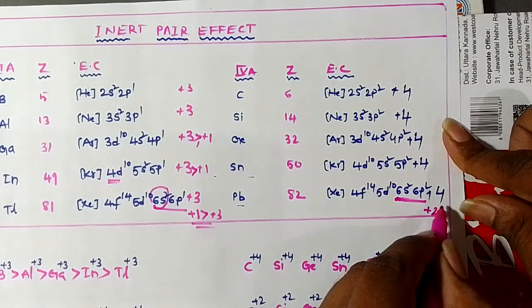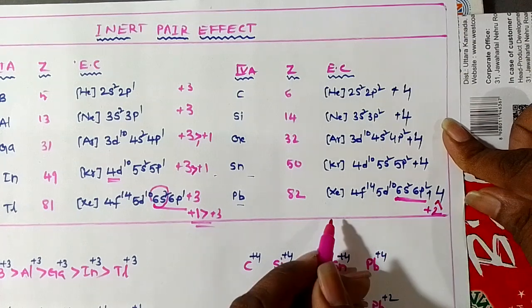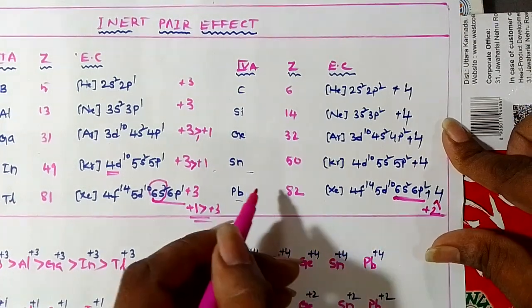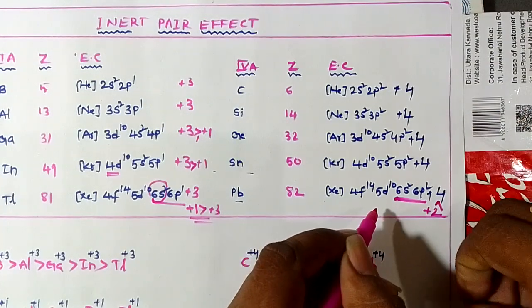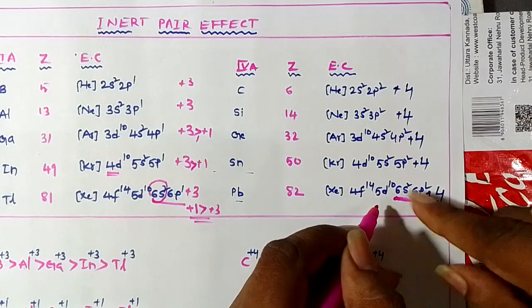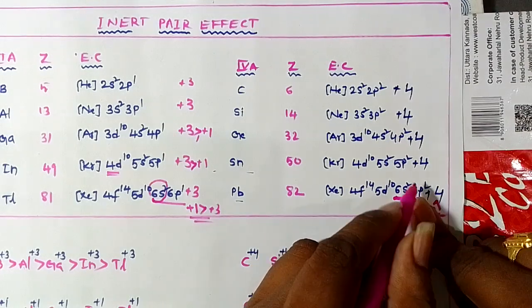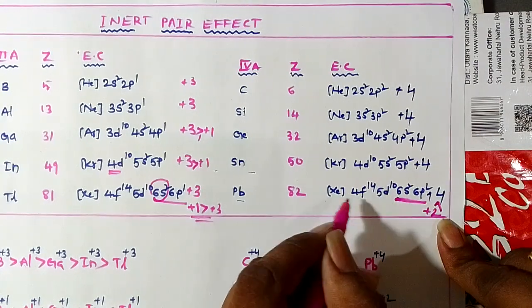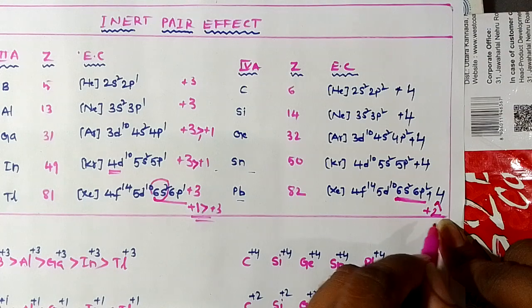This +2 oxidation state is more stable compared to +4. This effect is called the inert pair effect. So what is meant by inert pair effect? The reluctance of s-electrons to participate in bond formation is called the inert pair effect. So due to the inert pair effect, lead exhibits +2 as the more stable oxidation state.